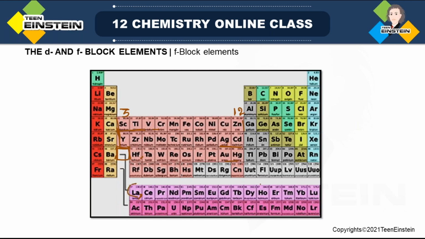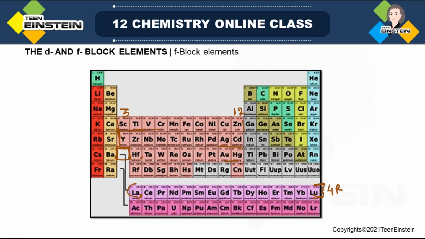So all these 15 elements starting from lanthanum up to lutetium are placed in the same box. That means all these elements have the same period and same group, and this series is known as 4f. Why is it 4f? Because here electrons are gradually filling in the 4f orbital.